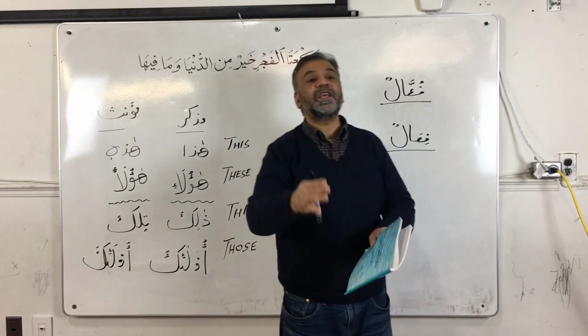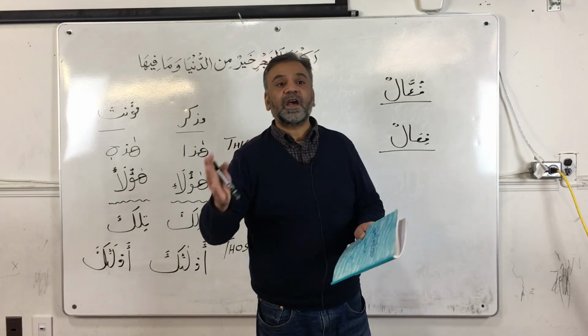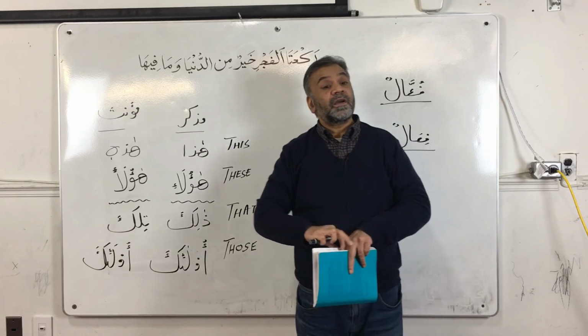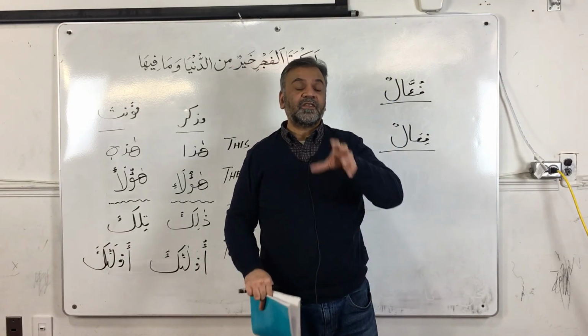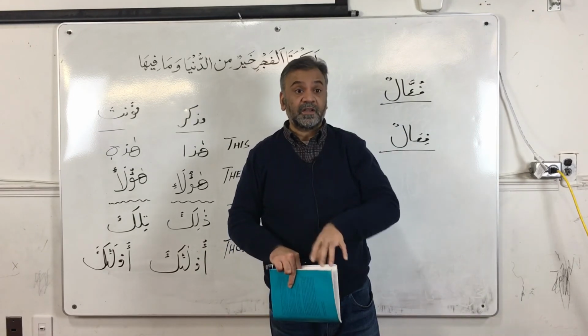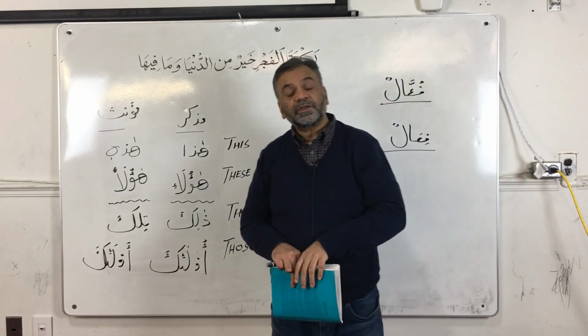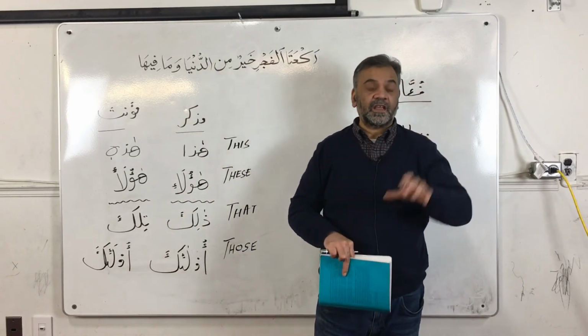We already know aghniyau, tujjarun, astiqau, tullabun, but now we are putting them into a sequence. So, for people who are already familiar with these rulers, they have a better understanding of them.